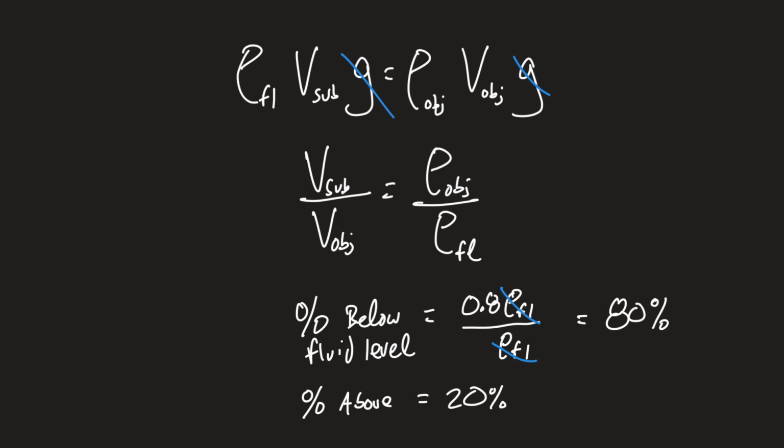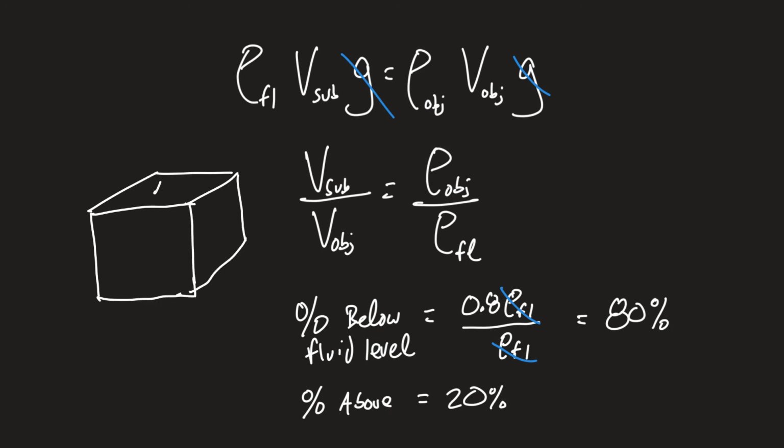One final thing about these types of problems when you have objects that are partially submerged, floating objects, is sometimes the shapes are simple, and I kind of gave you a shape like this, and if this was A and then this was H, you could start talking about the volume of the object in terms of these other variables, which would be A times H, and that would allow you to figure out the height of an object that's either above or below the water level, which is helpful as well.